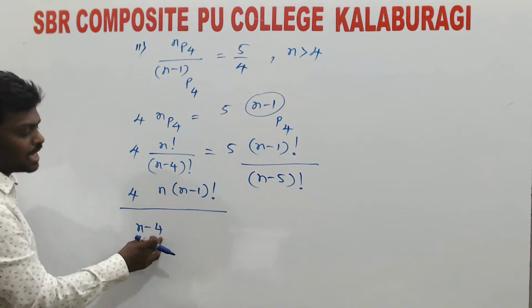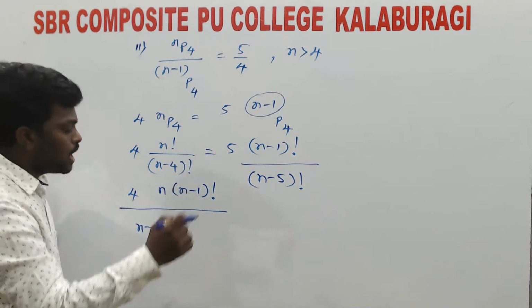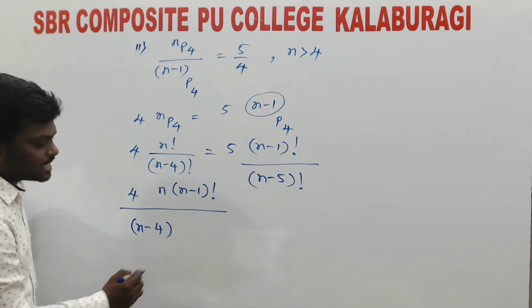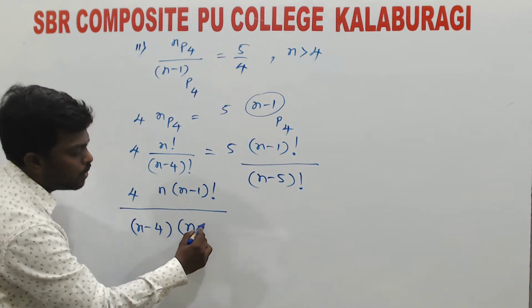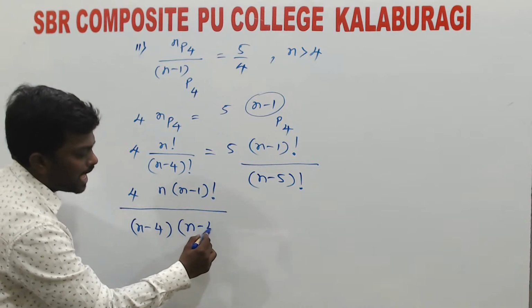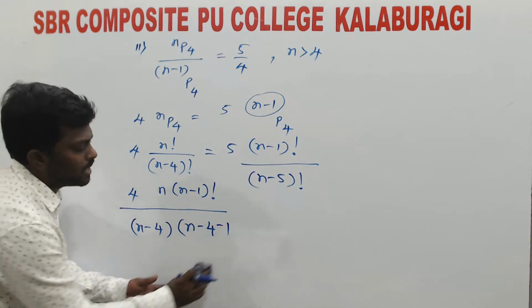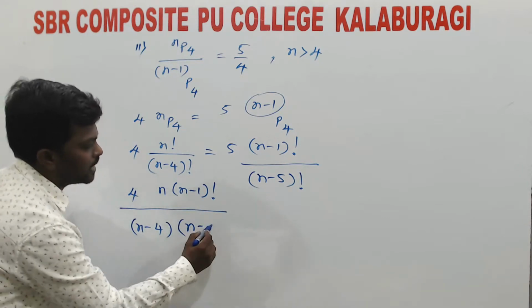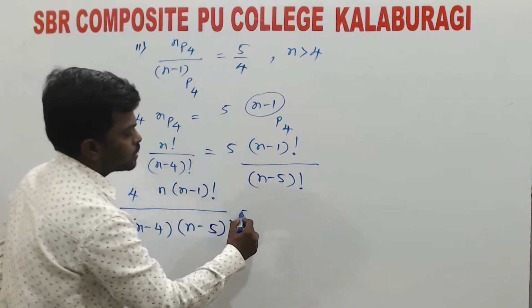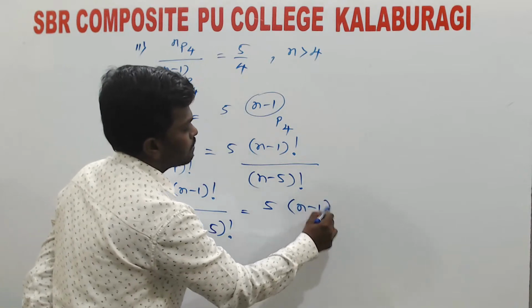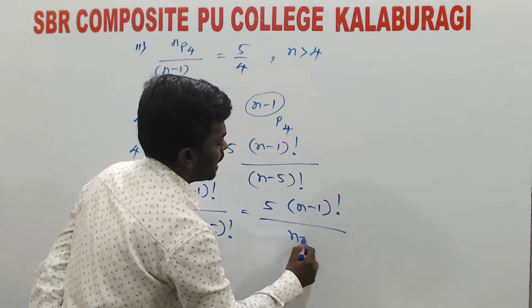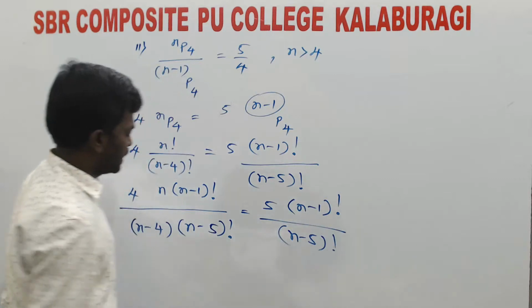It starts with n minus 4 and keeps on reducing by 1. So can I write this as n minus 4 into n minus 4 reduced by 1, so minus 4 minus 1 is nothing but minus 5, right, students? Which is equal to 5 times (n minus 1) factorial by (n minus 5) factorial.